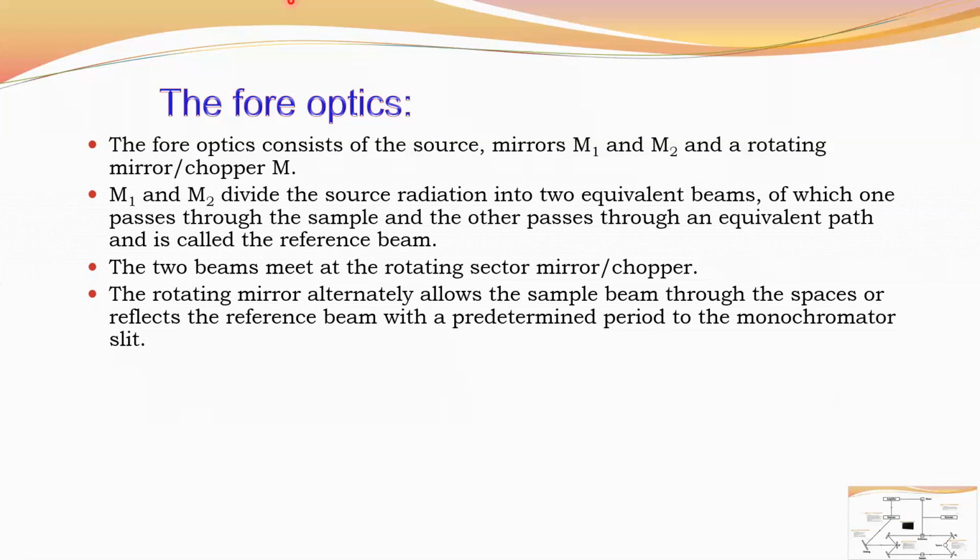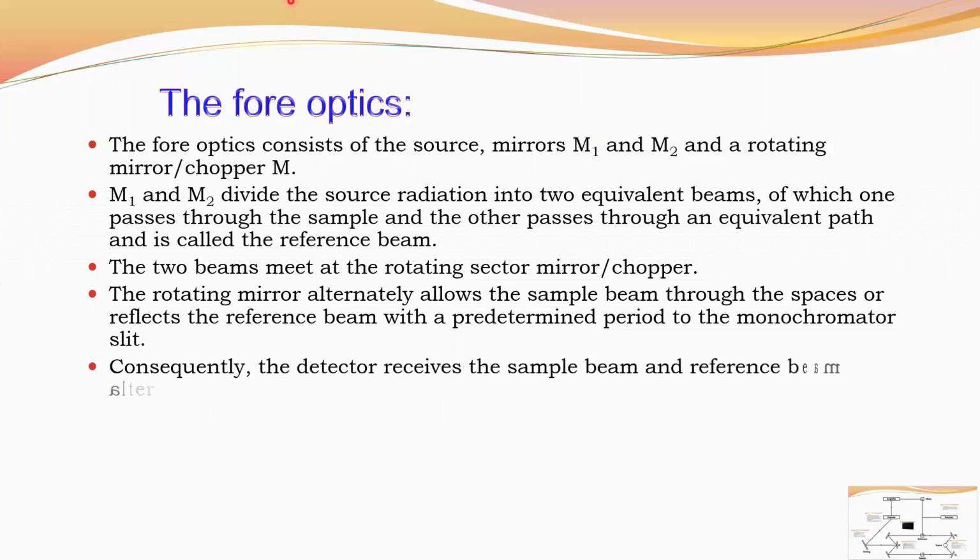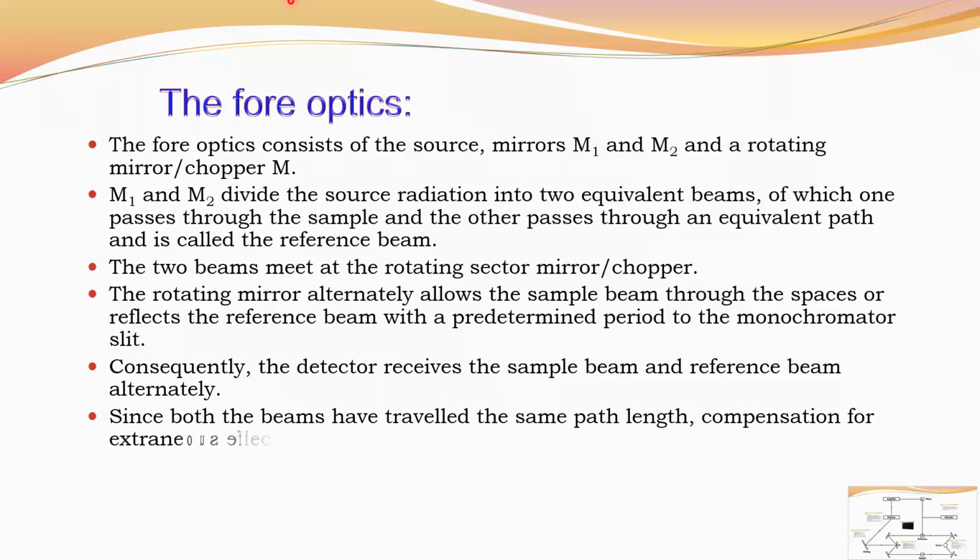For such rotating arrangements, a motor is used. Consequently, the detector receives the sample beam and reference beam alternately. Since both beams have traveled the same path length, the compensation for extraneous effects due to the atmosphere, etc., has been taken care of.